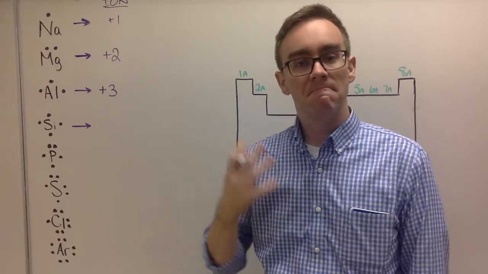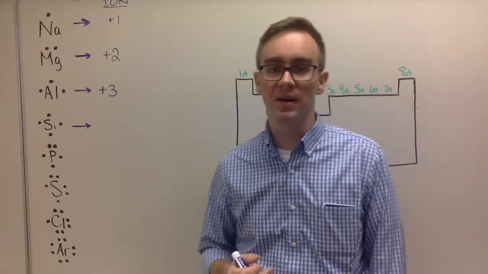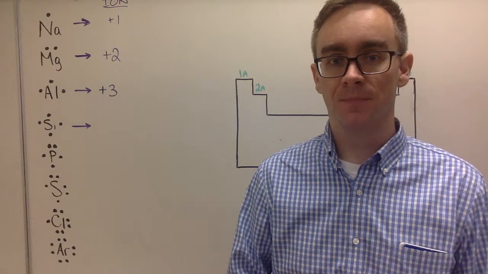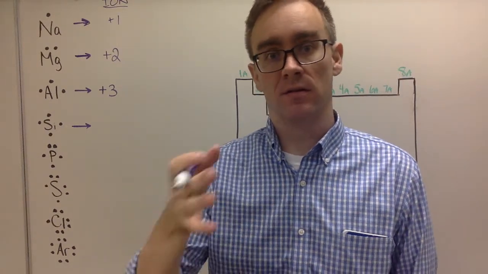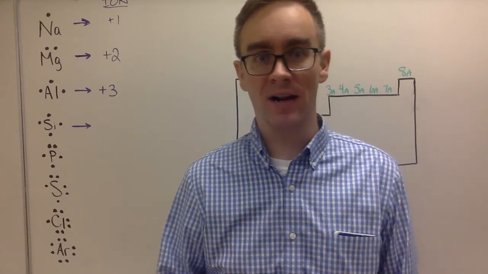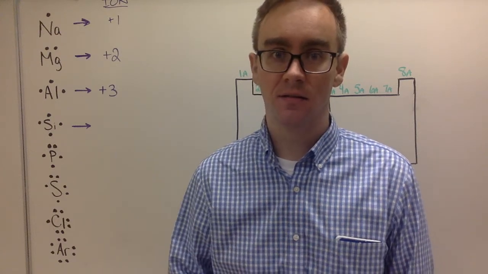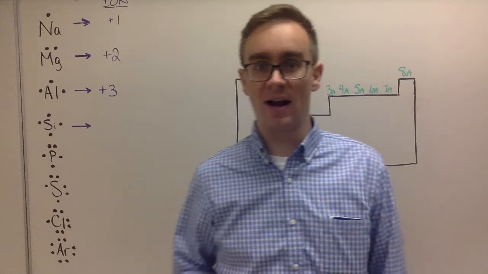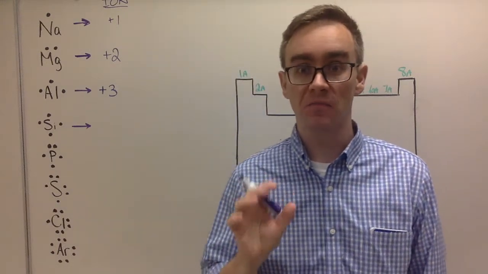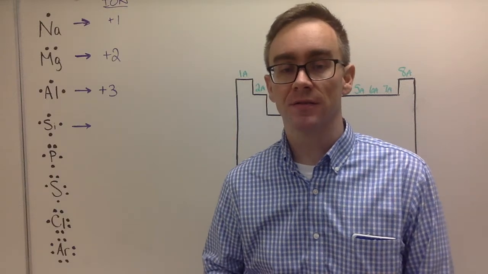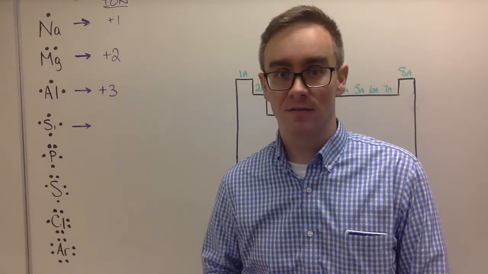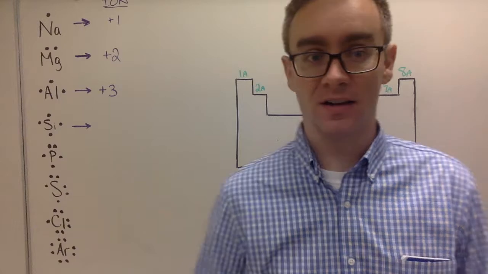Well, it's actually one of the defining factors of what makes a metal versus a non-metal. Metals form cations, positive ions. Non-metals form anions and are more negative, or negative ions.